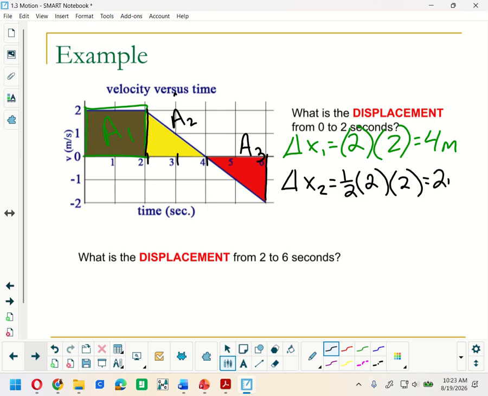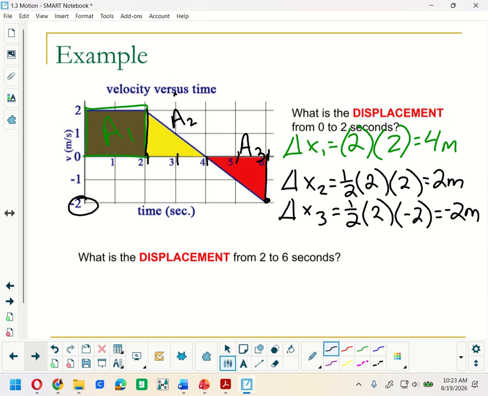Very good. All right, so now if I was to do delta x for my third area, again a triangle, so it's 1/2. My base is 2. My height is negative 2. Very good. That point right there is negative 2. So my answer is going to be negative 2 meters.